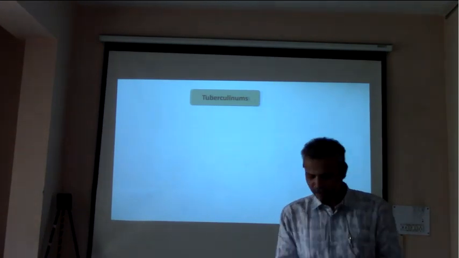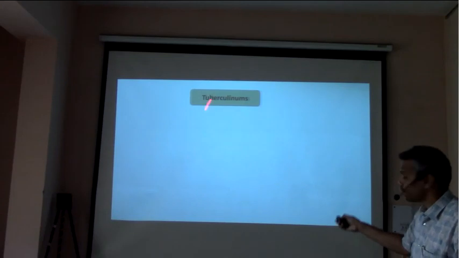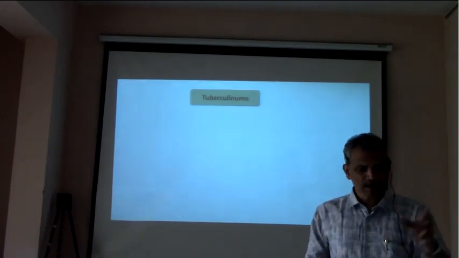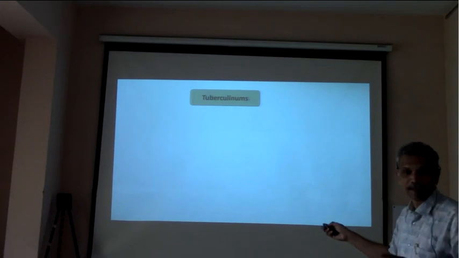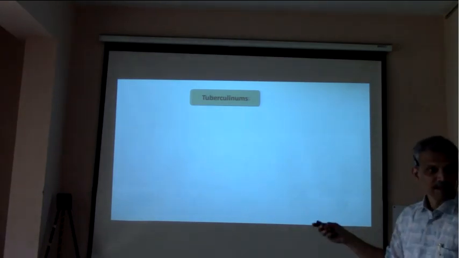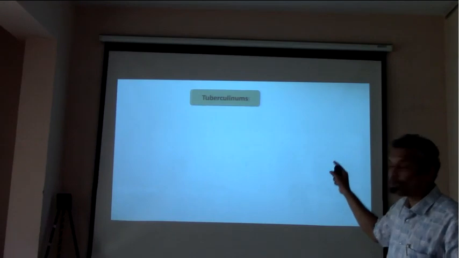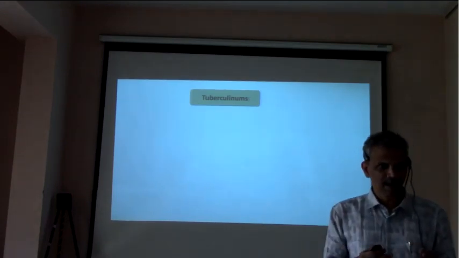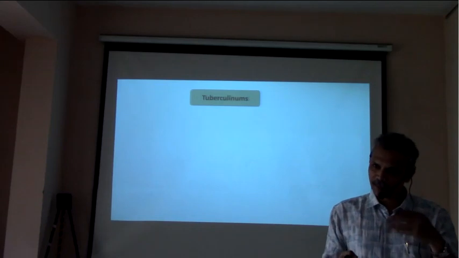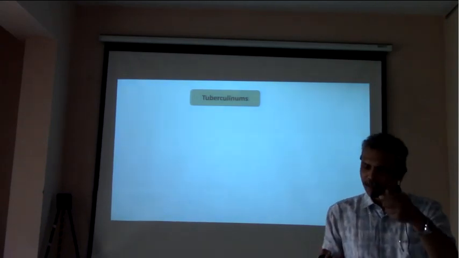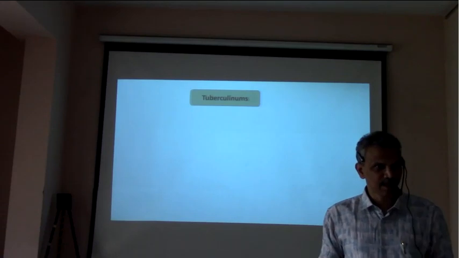If we again broadly look at the nosode classification, there are plenty of nosodes which come from this particular background, and those remedies we call tuberculinums, meaning which are prepared either from the diseased lung or the diseased sputum or the bacteria itself.